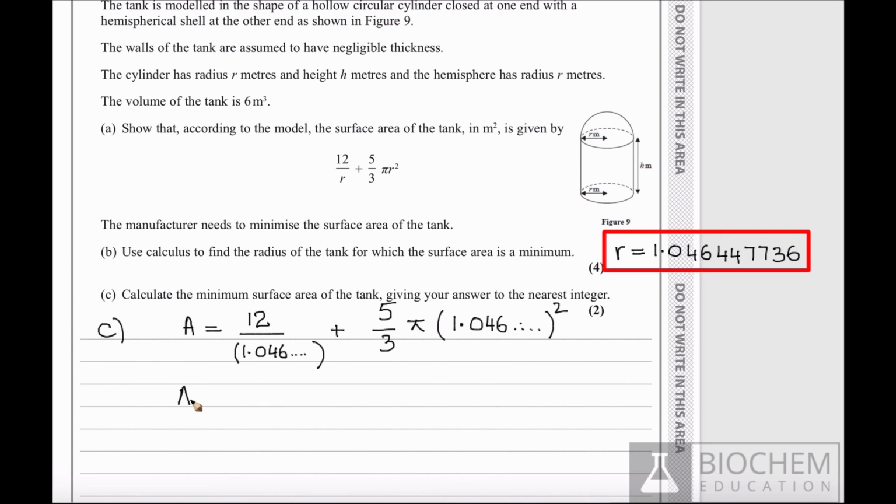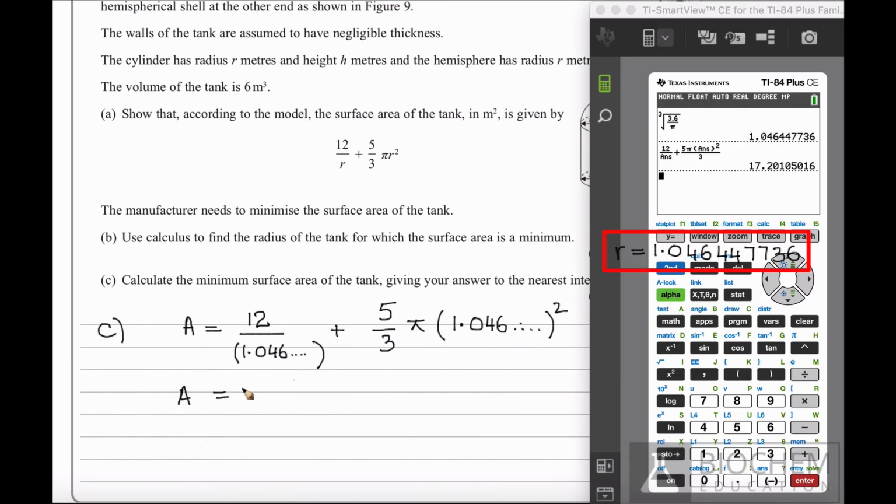Now let's input this into the calculator, and I get an answer of 17.20105016. But please remember to use the exact value from your part B in order to calculate this equation.